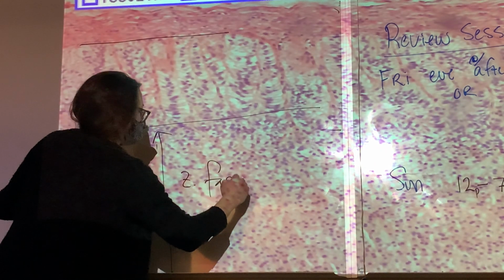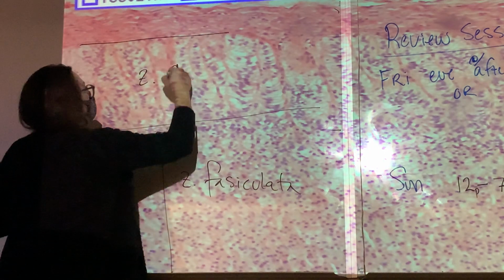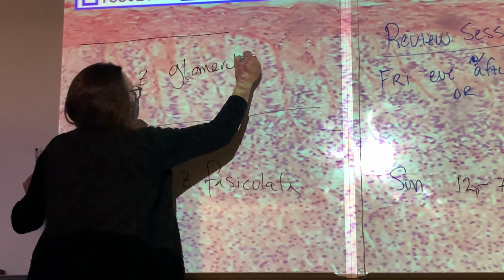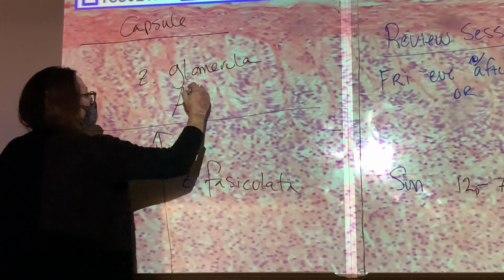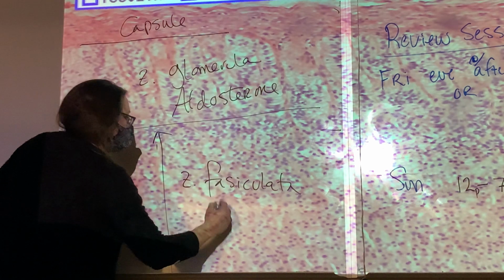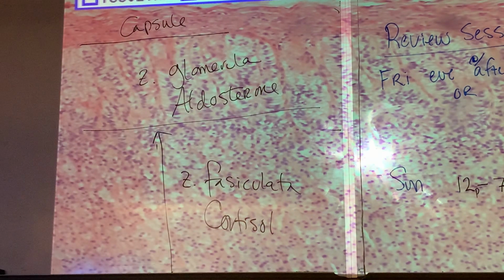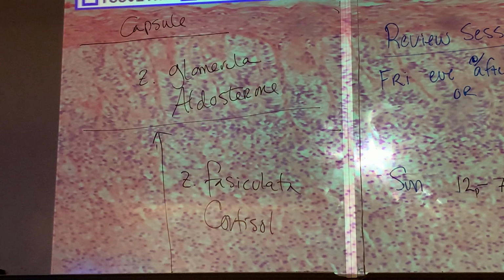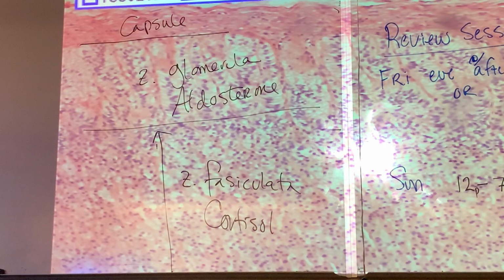So now fasciculata, zona glomerulosa, and capsule. This is aldosterone, and this is cortisol. And then we'll move it up until we can see the medulla. And we'll do the same thing.